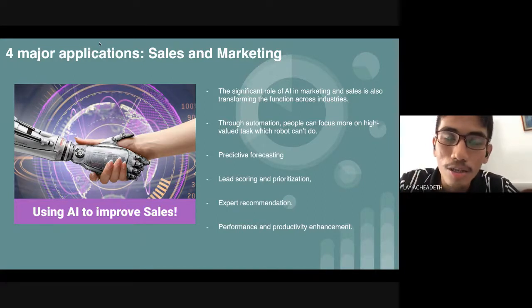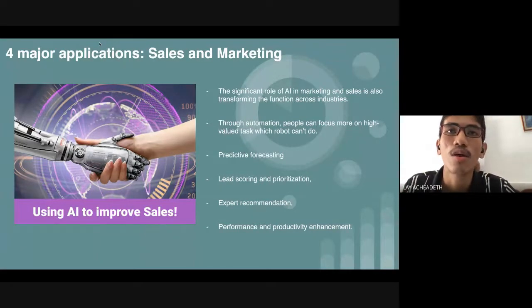It will have multiple options, and then the highest among those may be the one chosen. That is what lead scoring and prioritization means. It gets the information, calculates the accuracy of each data point, and then prioritizes the best possible solution to deliver to the end consumer.